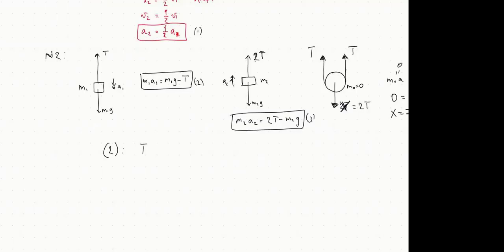From 2, I write T equals m1g minus m1a1, and I sub that into 3, and I get m2a2 equals 2m1g minus 2m1a1 minus m2g.